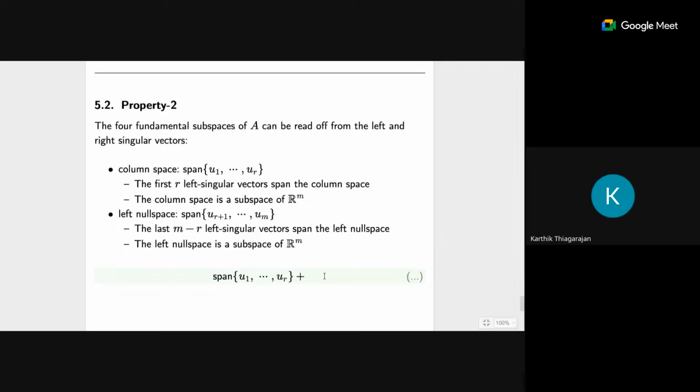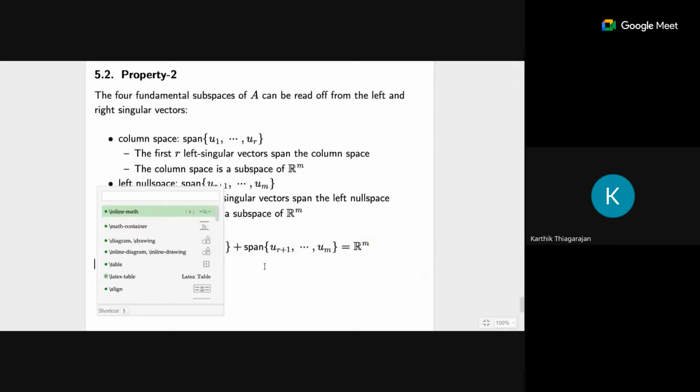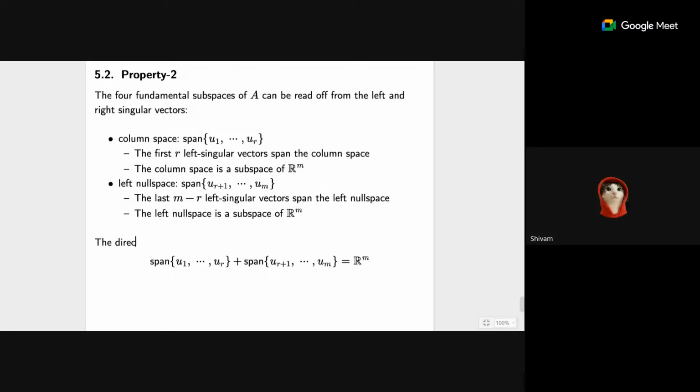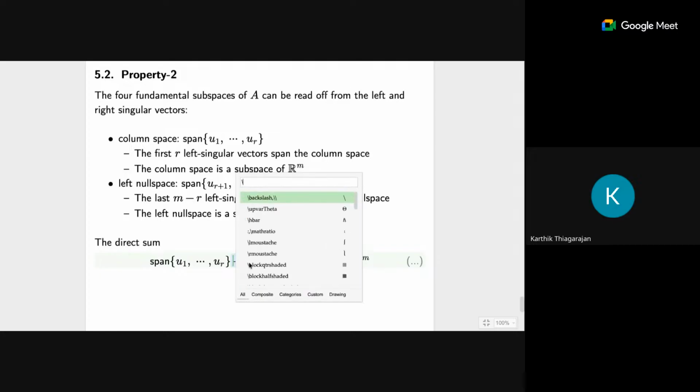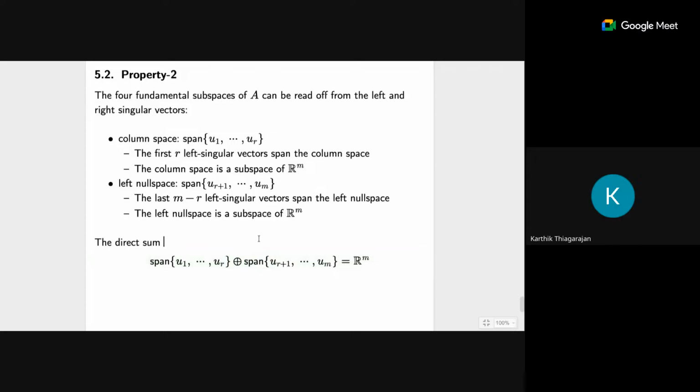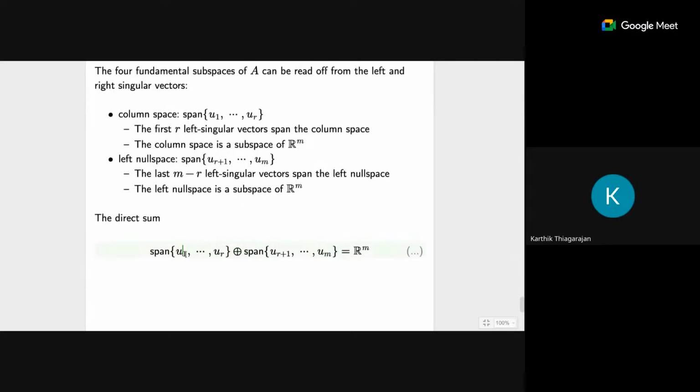This is called a direct sum. So don't worry about the exact notation. It's just that if you take any vector from this and any vector from this, you can get hold of all vectors in Rm.